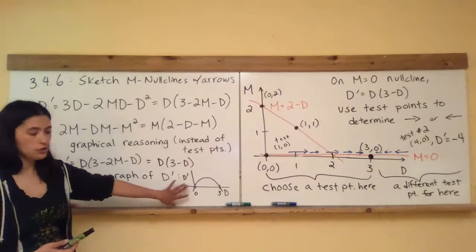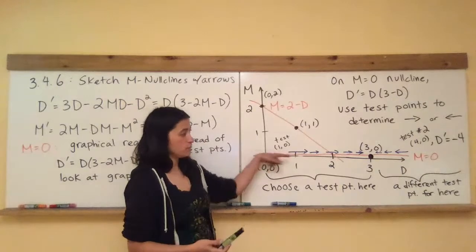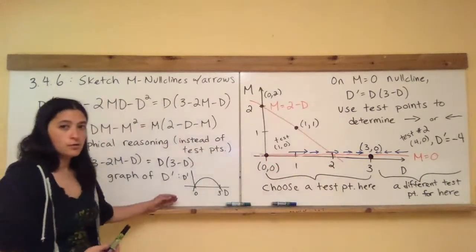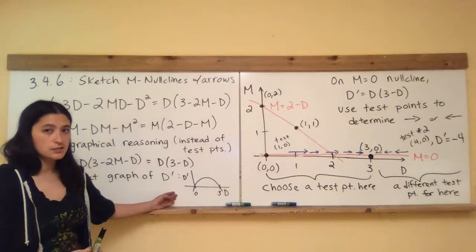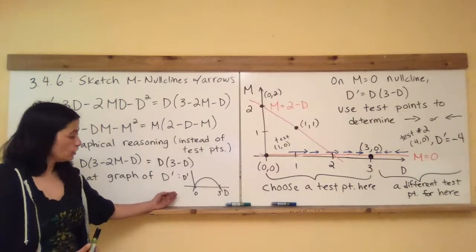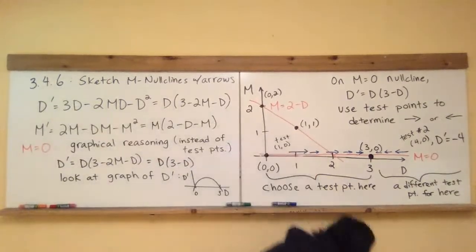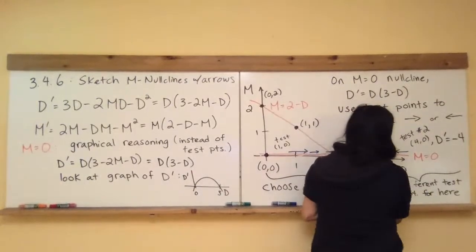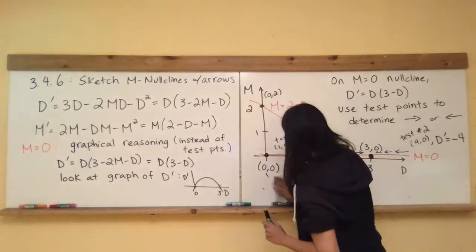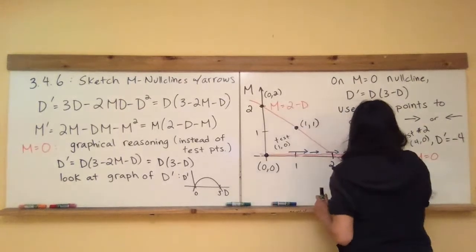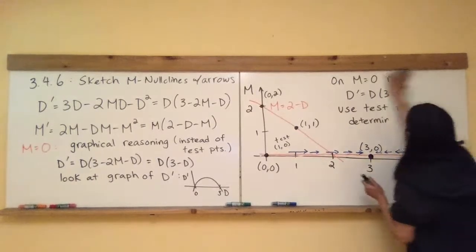Now, how did I use this little image of a frowny face to determine whether I'm going to have right or left pointing arrows? Well, I have to know how to read this graph. So that's one thing that the graphical method relies on, is your understanding of what you're interpreting from this graph. Let me write it over there too, so I can really clearly lay out this other method. This is an alternative to doing the test point method.